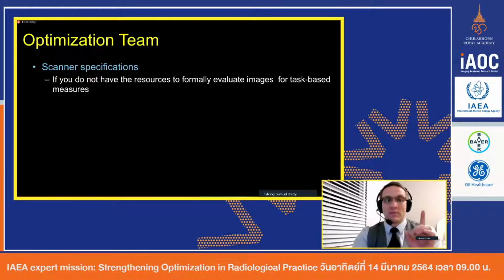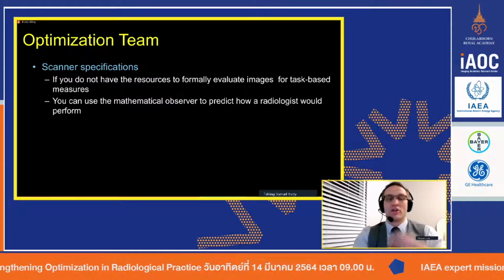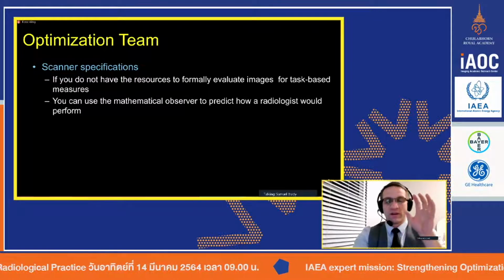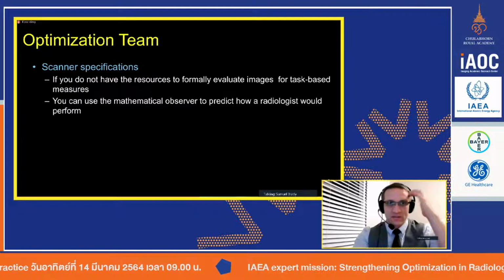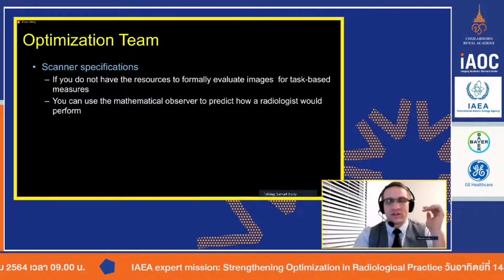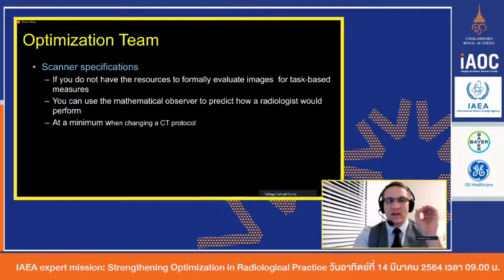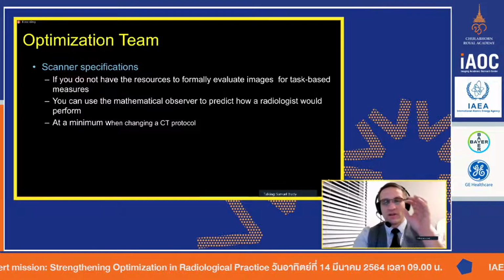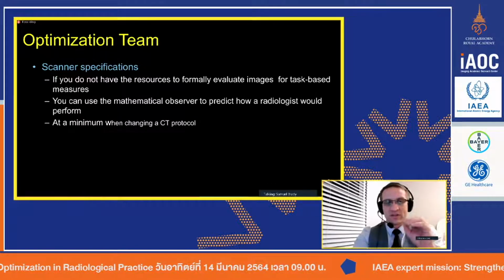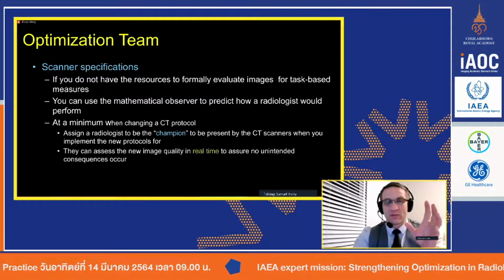But the minimum you should do is, when you've determined that we're going to make an assessment of, say, the brain imaging, routine neuroimaging, you need to have a champion, someone that can help the physicist and the technologist determine what changes need to happen to the protocol.